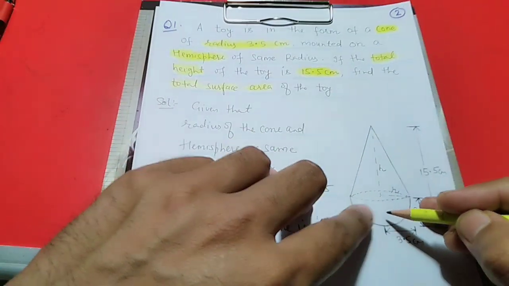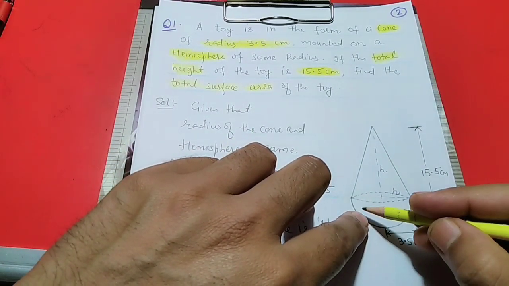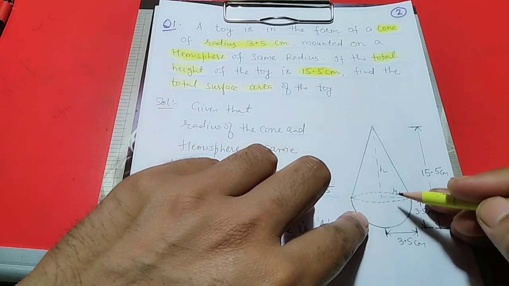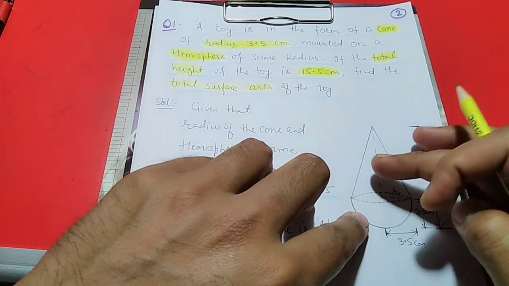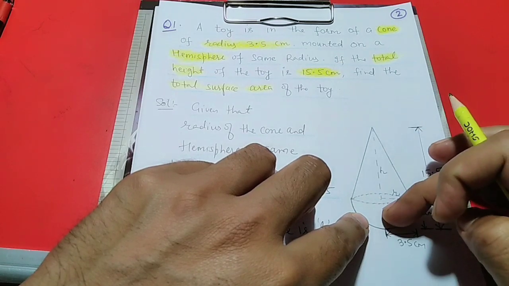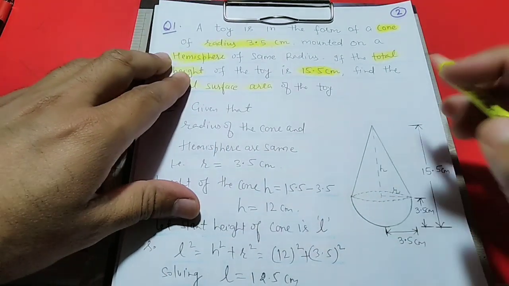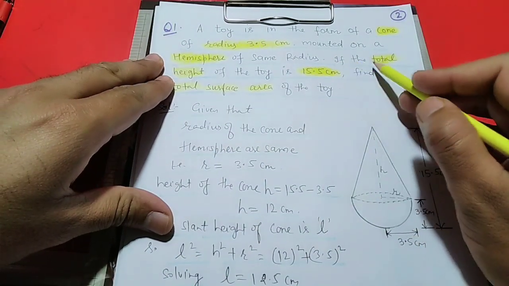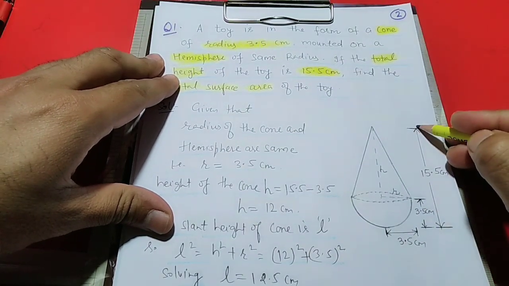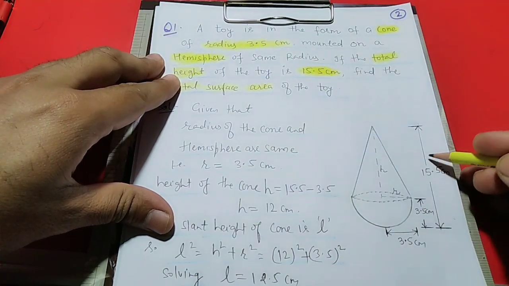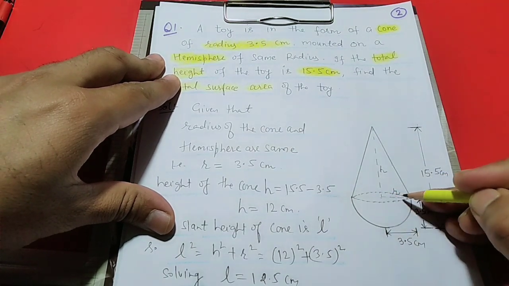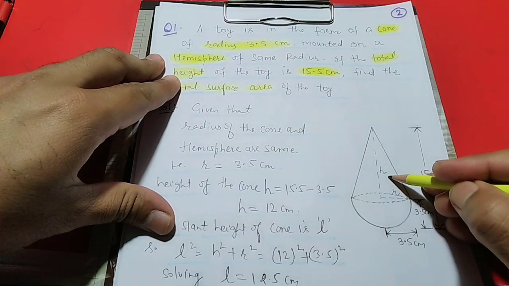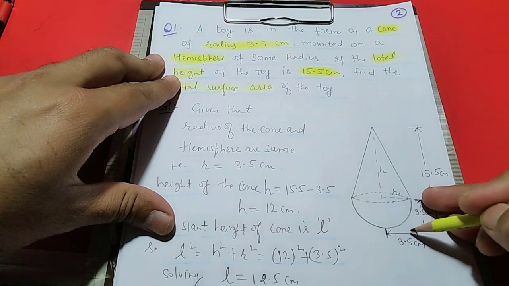It is the combination of a hemisphere and a cone mounted on the hemisphere. The total height of the toy, from here to here, is given as 15.5 centimeter, and the radius of the hemisphere and the cone are the same, which is 3.5.